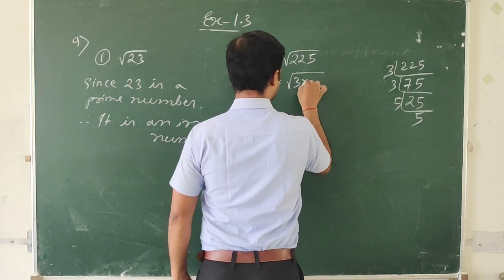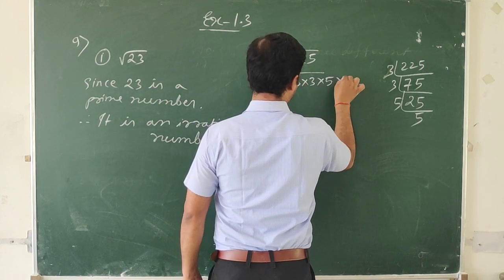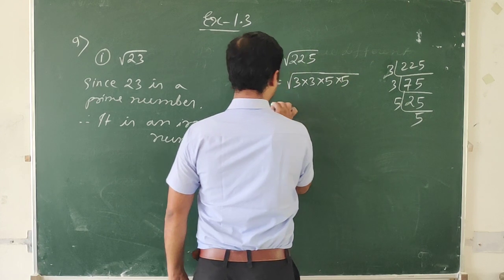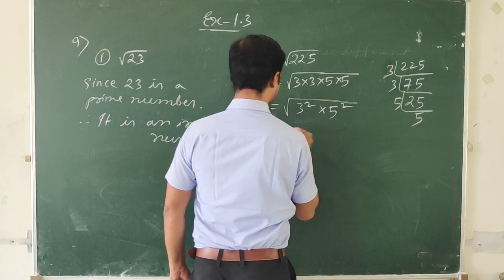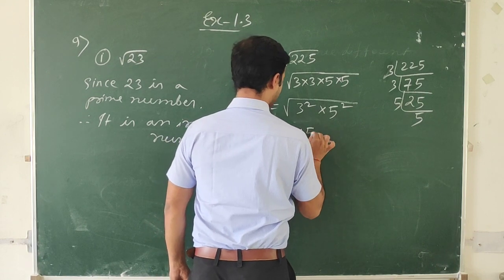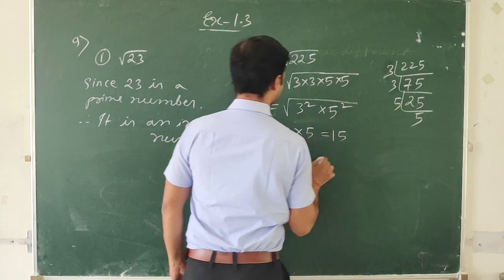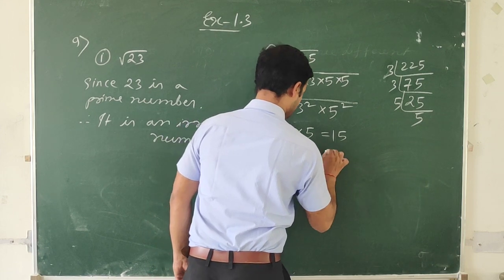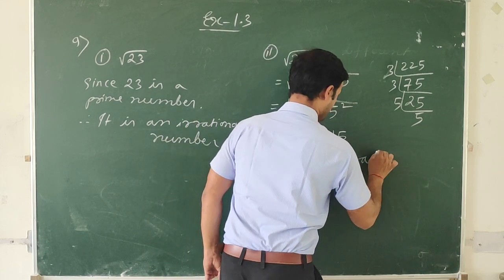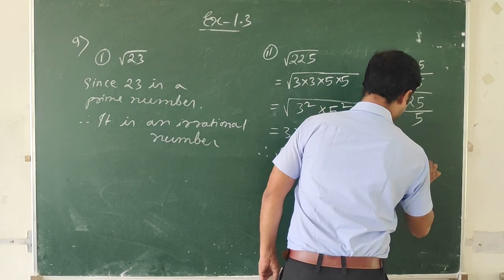So 3 into 3 into 5 into 5, is square into square. 3 into 5 is equal to 15. Therefore, the square root of 225 is a rational number.